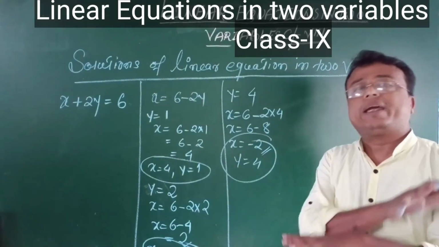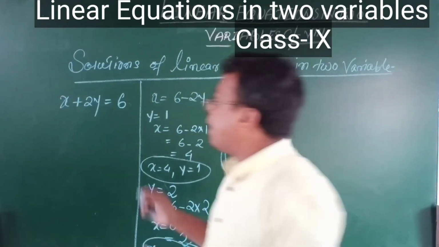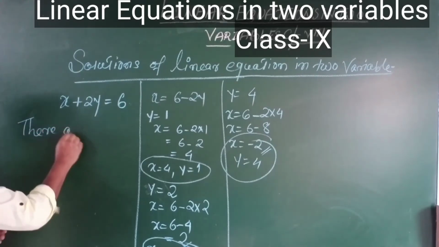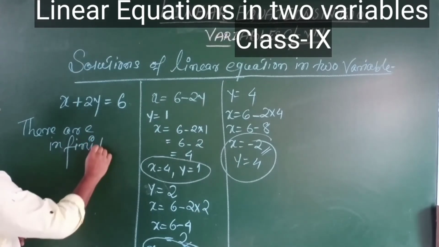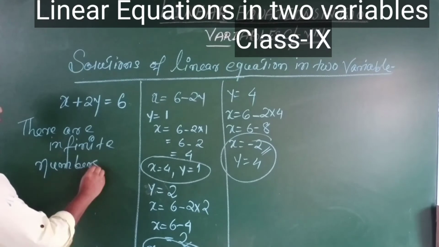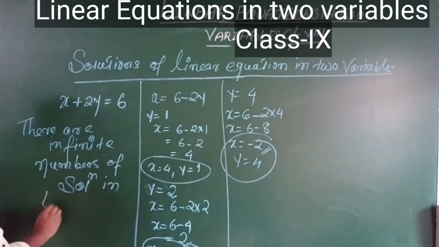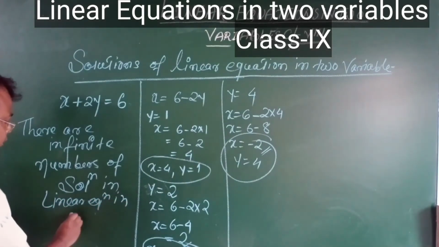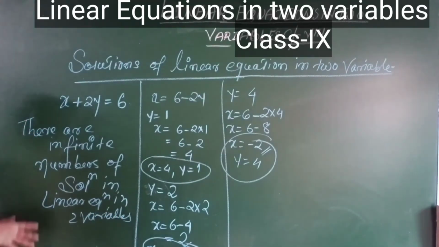But like this we can find infinite number of solutions of a linear equation in two variables. There are infinite number of solutions. It will never end. Infinite numbers of solutions in linear equation in two variables. Is it clear?